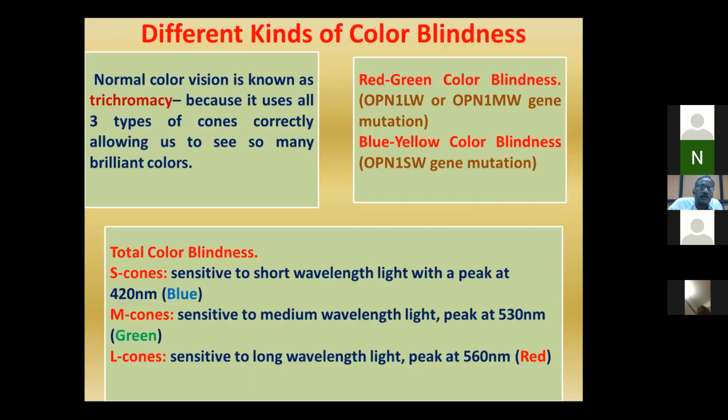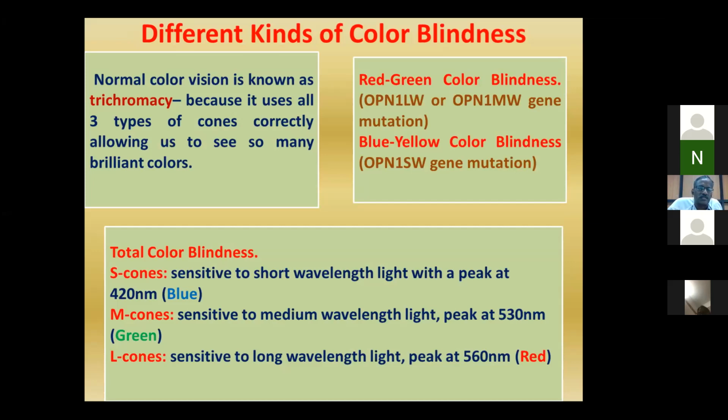Next, trichromacy. Trichromacy: tri means 3, chromacy means vision. So when the patient can identify these 3 colors, blue, green, red, that is known as normal color vision. Down here you see S cone, M cone, L cone.